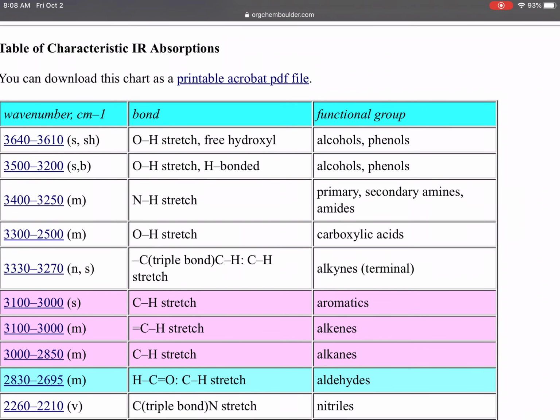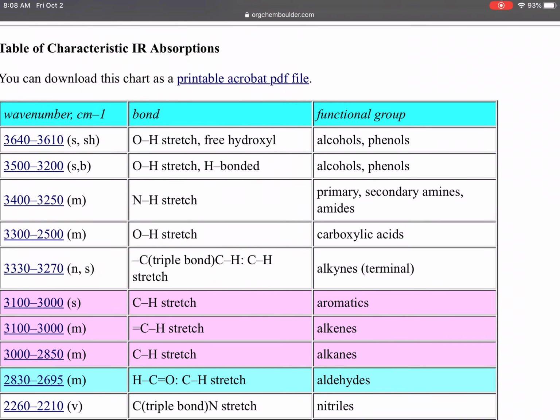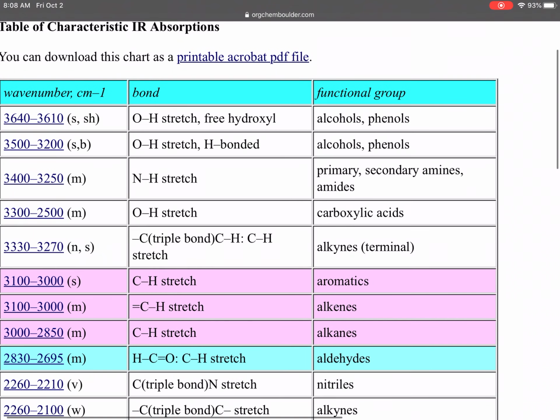Between 3640 to 3610, we have OH stretches of one type. Then we have another type of OH stretch between 3500 and 3200. We have NH stretches that commonly appear between 3400 and 3250, etc. And then it tells you what type of functional group those types of stretches indicate might be present.